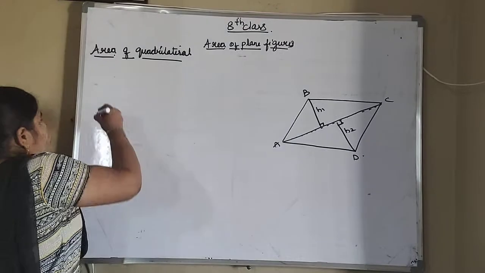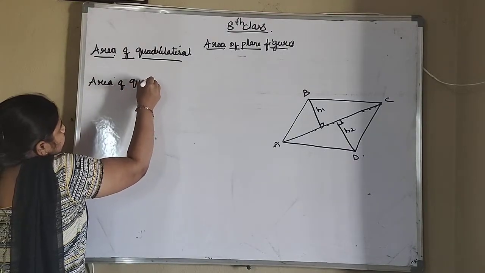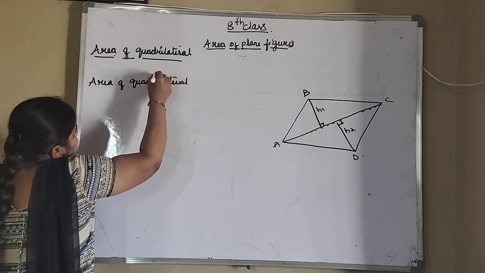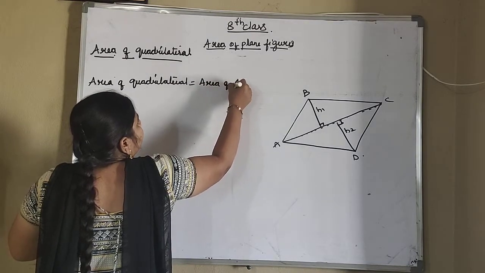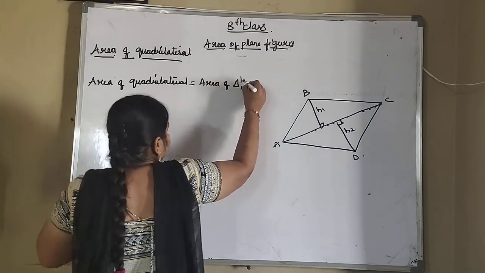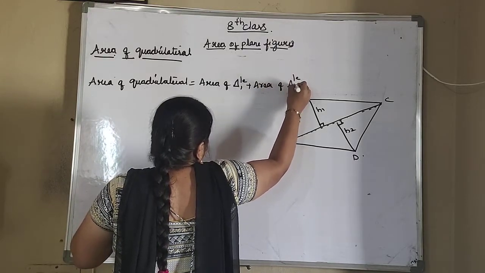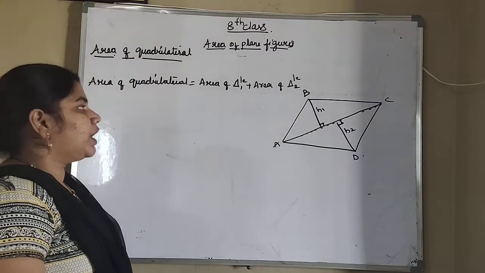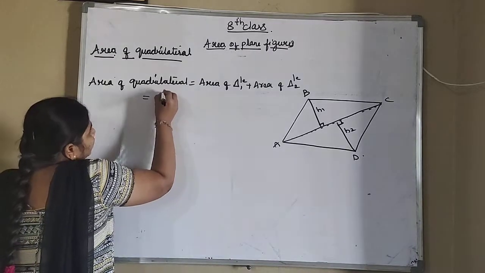Now we will see how to find the area of a quadrilateral. Area of a quadrilateral equals area of triangle 1 plus area of triangle 2. What is the area of a triangle?